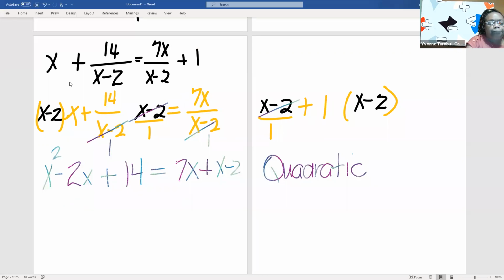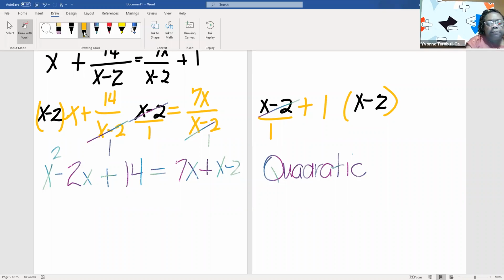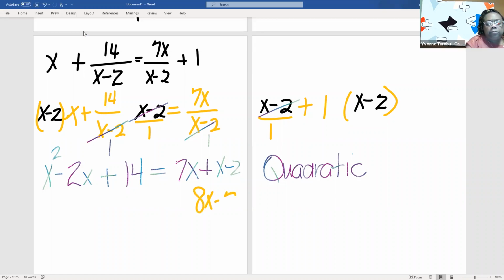So it's going to be 8x minus 2. X squared minus 2x plus 14. I'm going to bring my 8 over by subtracting 8 from both sides. That cancels with that.